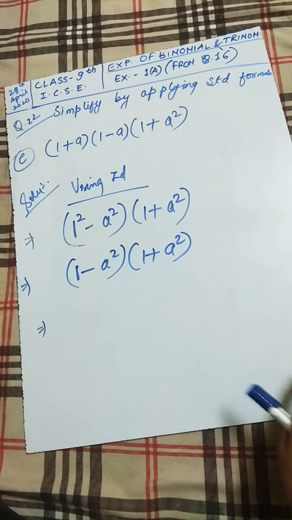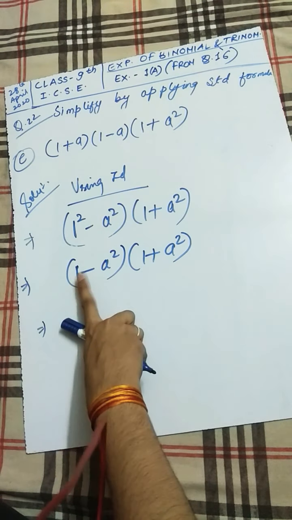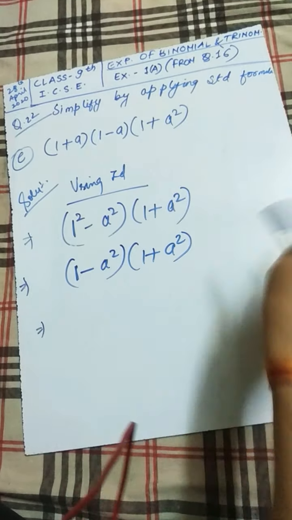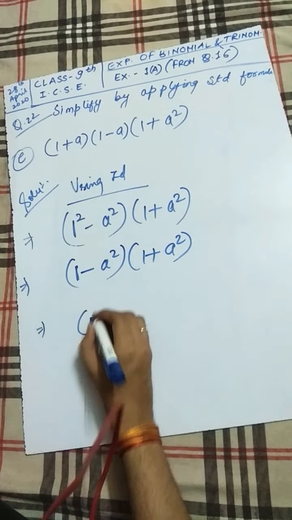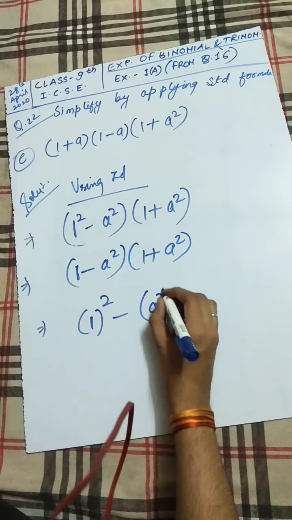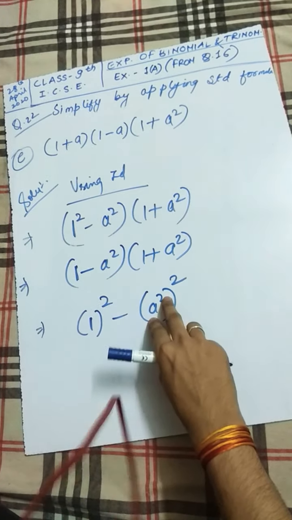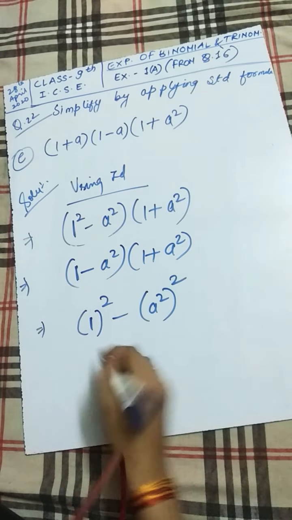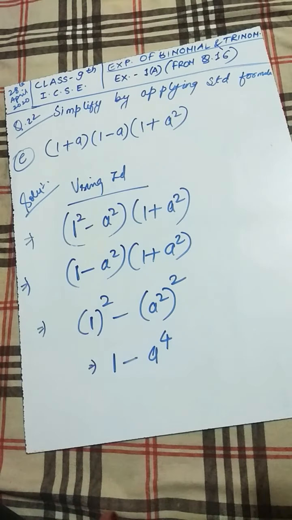See, 1 into 2 is equivalent to 2 into 1. Similarly here, so 1 minus a square, 1 plus a square gives 1 square minus a square whole square, because in place of b we have a square. So a square whole square: 1 square is 1, and a square whole square will give you a to the power 4. This is the final answer.